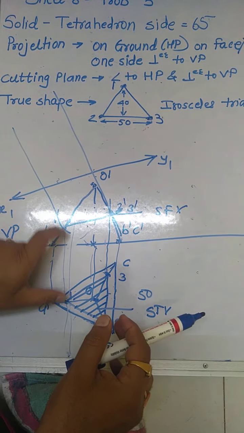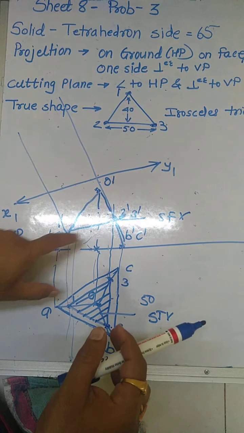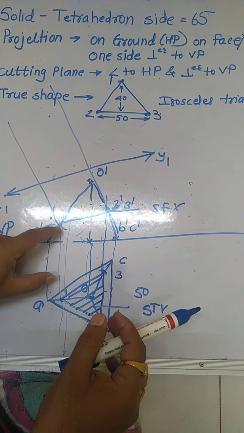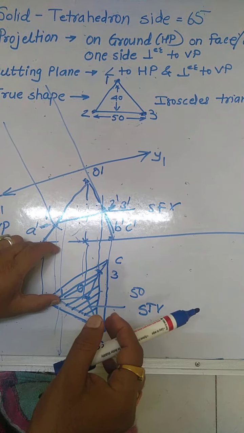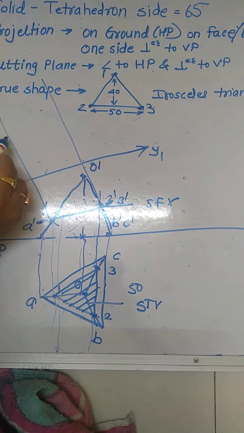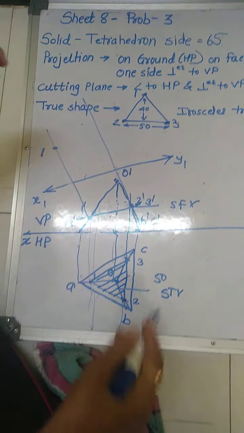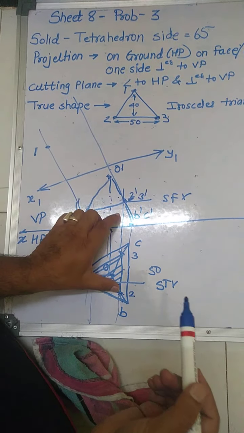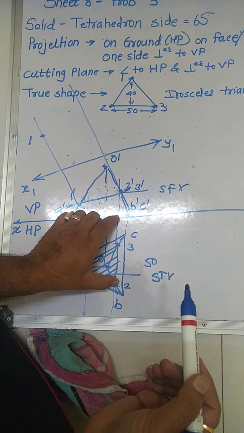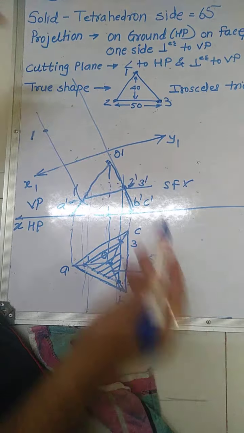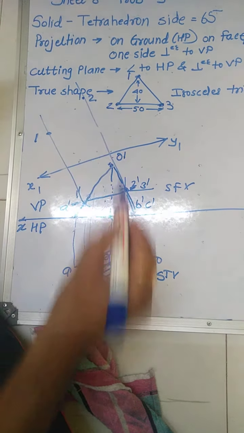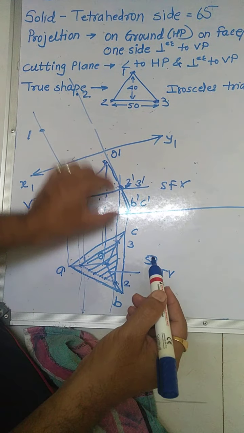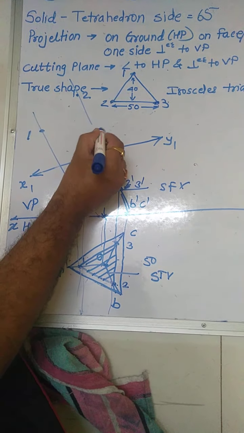You will get the distance from the opposite view of this sectional view. So projector of 1 dash, distance from 1, mark over here. So here you will get 1. Now projector of 2, you will have to mark the distance from 2 to XY, mark over here. So you will get here the 2, and 3, you will get here the 3.